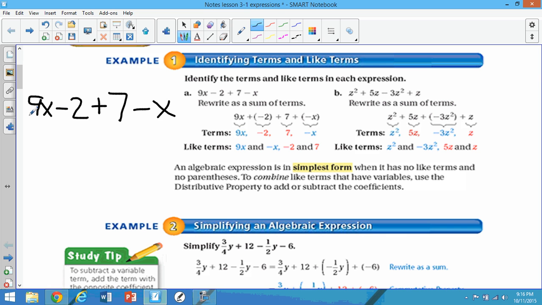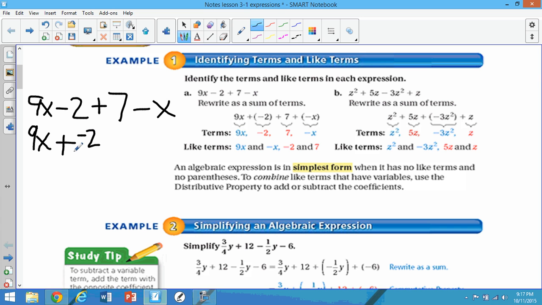Okay, I'm telling you the very first thing I would do is rewrite it as an addition problem. To do that, you would do 9x, because that's the first term in your addition, and then that minus becomes a plus, and that 2 becomes a negative 2.